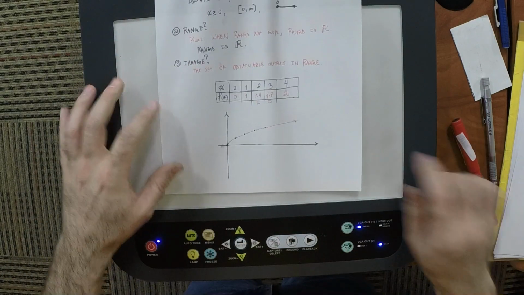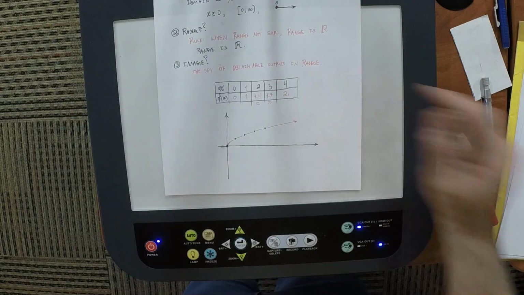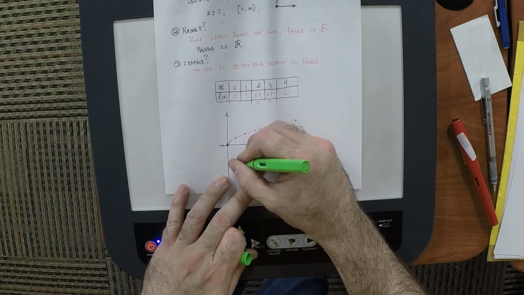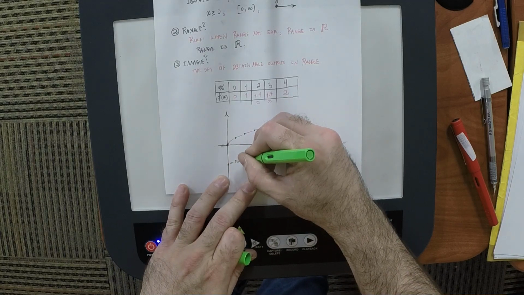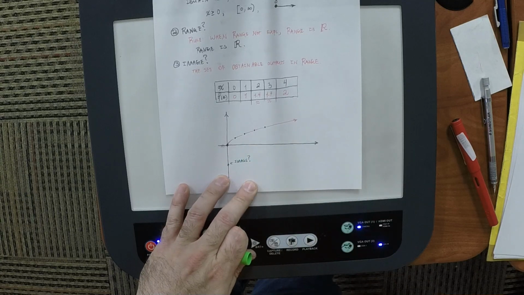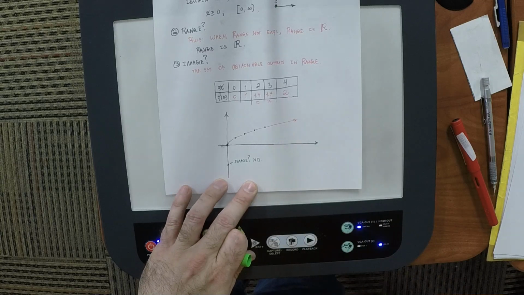So the image is the set of obtainable outputs in the range. So is this in the image? No. It's on display, but you can't get it.